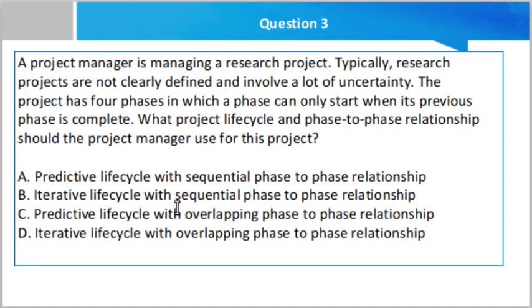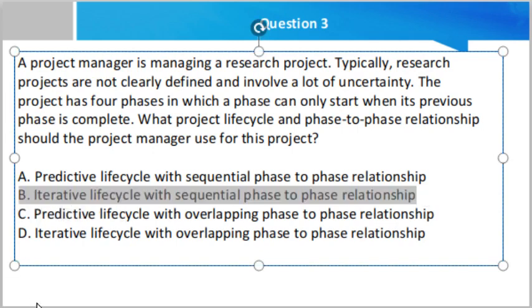Predictive life cycle and sequential phase-to-phase relationship, iterative life cycle and sequential phase-to-phase relationship, predictive life cycle with overlapping phase-to-phase relationship, iterative life cycle with overlapping phase-to-phase relationship. Now, the answer is option number B.